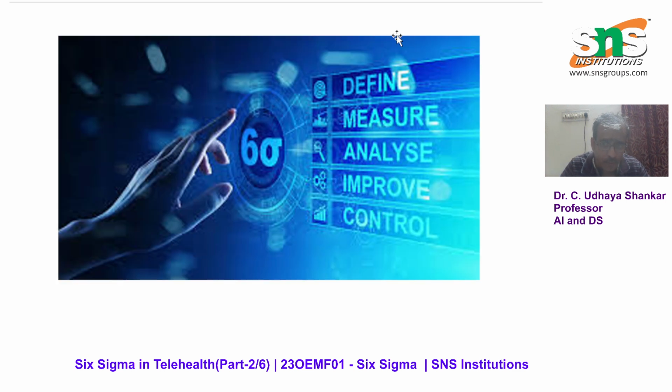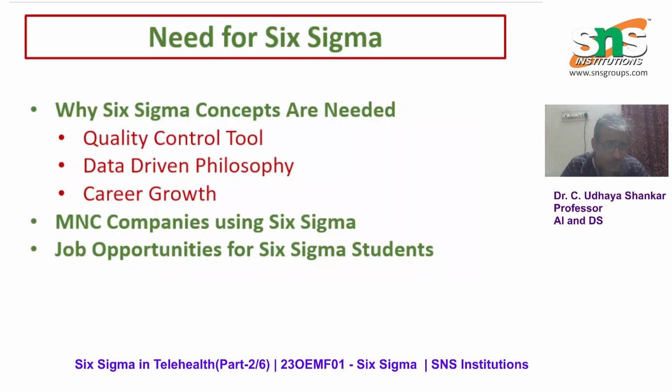Now we have completed the define and measure concepts, and we are left with the analyze, improve, and control phases. Finally, I just want to close this video by recapping the need for Six Sigma. Six Sigma plays a very vital role in almost all industries, and its primary goal is to reach a level of quality where the process produces no more than 3.4 defects per million opportunities.